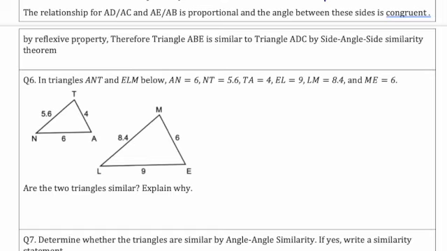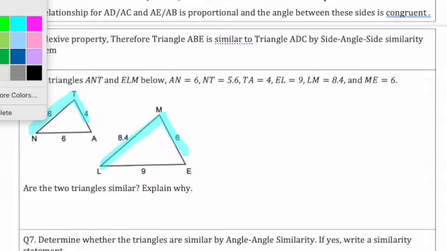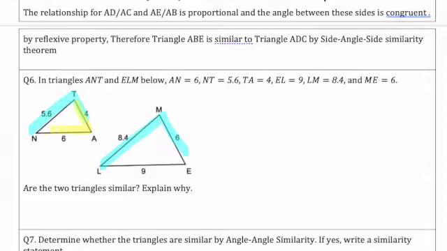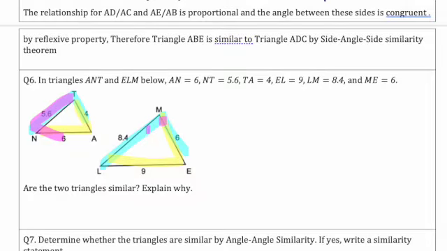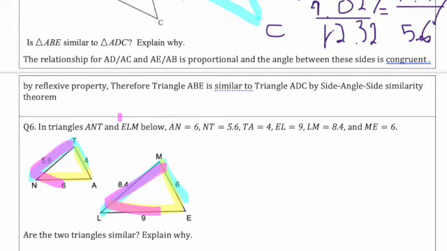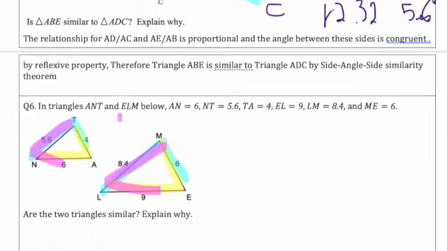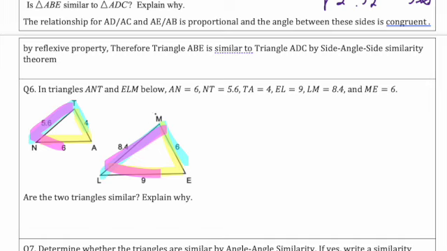So we're not given any angles, so we have to work with the sides, and we have to check to see, well, is these two sides in proportion to these two sides? Then we also have to check to see, well, are these two sides in proportion to these two sides? That's only two sides given to us, okay? Then we have to check to see if these two sides are in proportion to these two sides to give us side, side, side triangle similarity theorem.